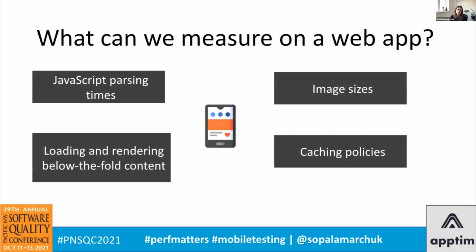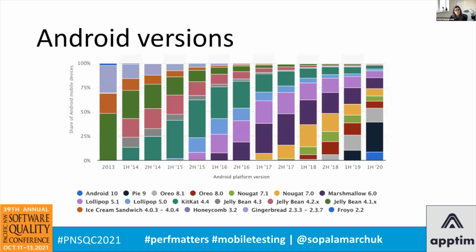I listed here some examples: measuring the JavaScript parsing times of our website, and image sizes when you're delivering them to mobile. There's a lot of optimization that you can do there, so they load faster. Also the loading and rendering of the below-the-fold content, and any optimizations that can be done on mobile, as well as caching policies and other areas that we can measure.